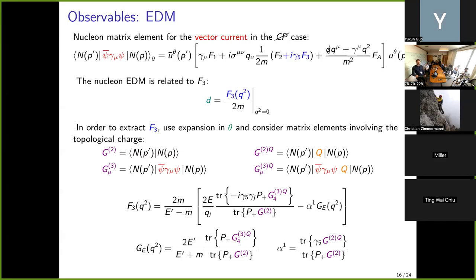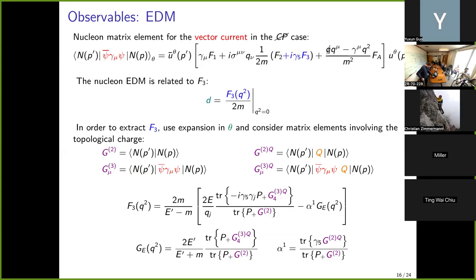And we have to calculate this matrix element in the CP-violating case, which involves the topological charge, according to what I've shown you in the slide before. F3 can be extracted by calculating this combination of matrix elements. It's a bit complicated to derive. I hope you believe me that this indeed equals F3 in the end.